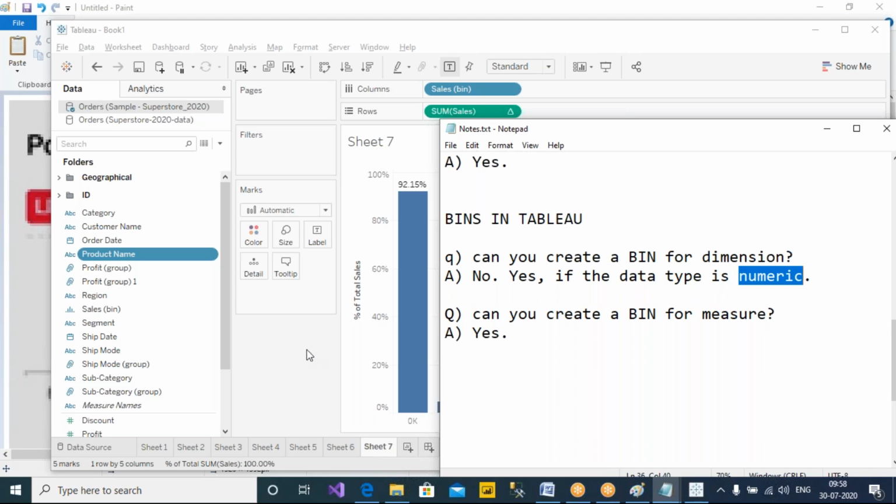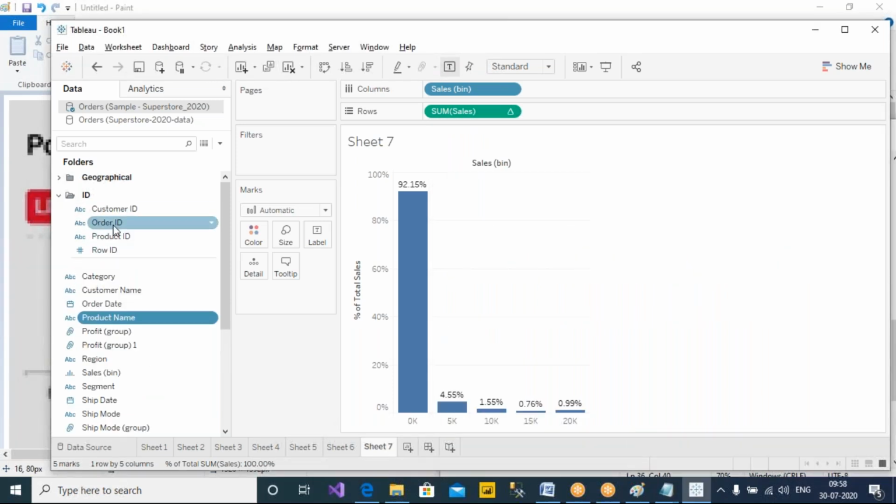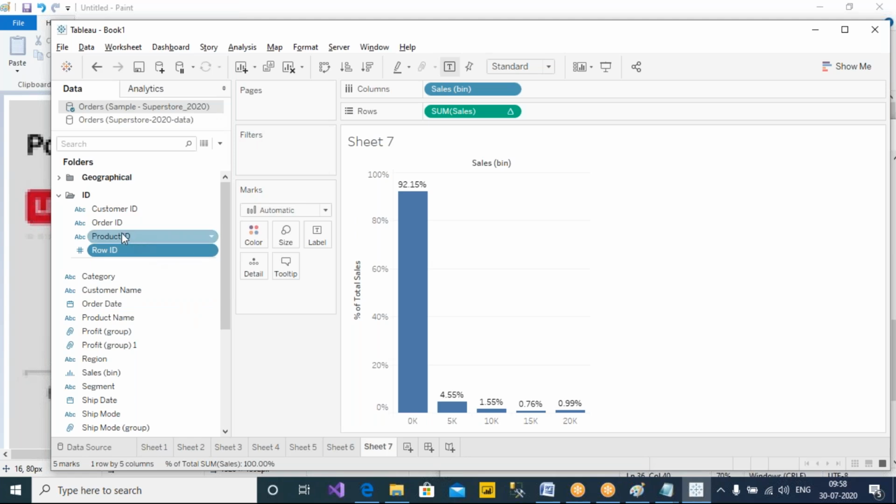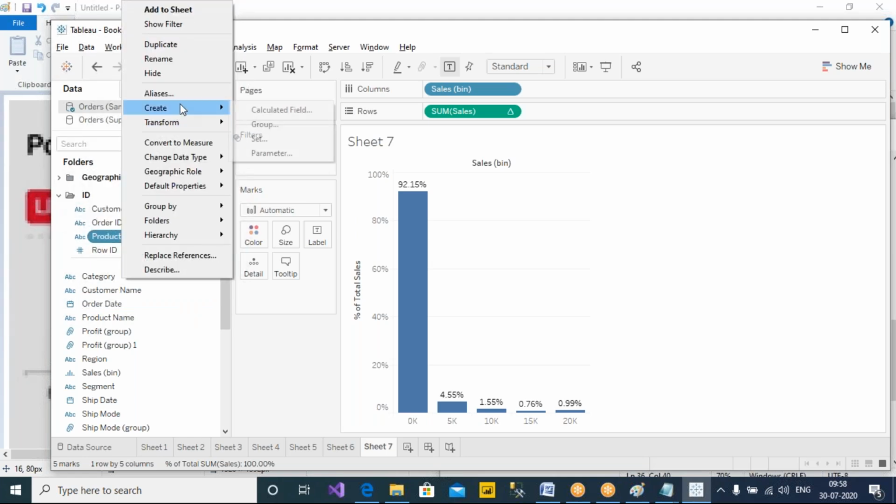Still, Tableau gives us the option. Observe here. These are the ID fields, isn't it? The ID fields, I would like to see the hash symbol, which is numeric. Right click on this and say create. You can find the option bin because it is a numeric data type. But if it is a string data type, the bin option is not available.